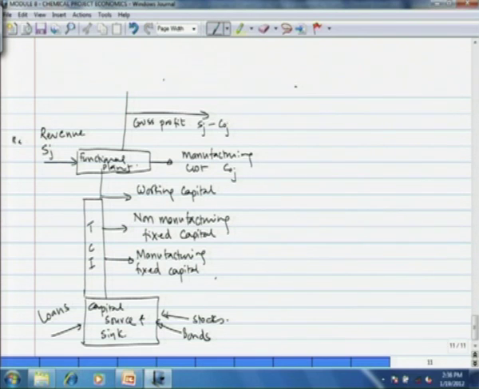And then part of this gross profit is retained as depreciation. That depreciation we denote by letter Dj. So, Dj is the depreciation charge.